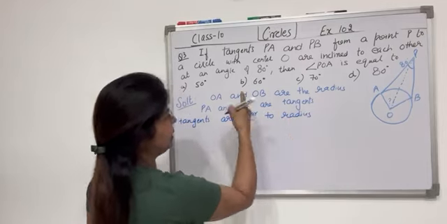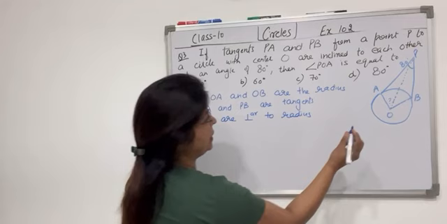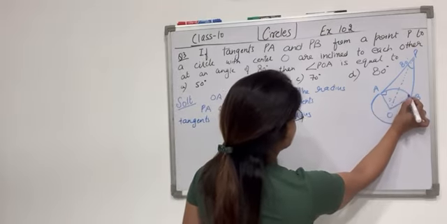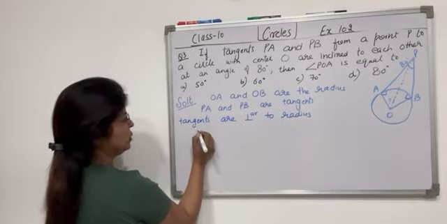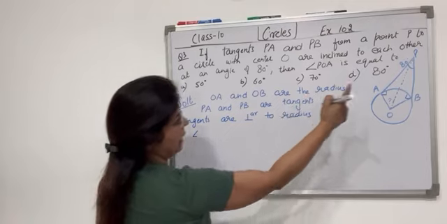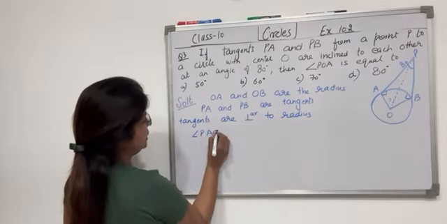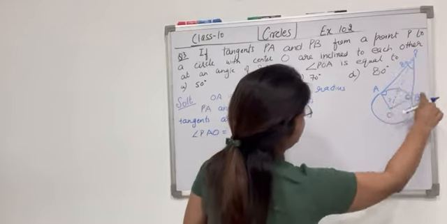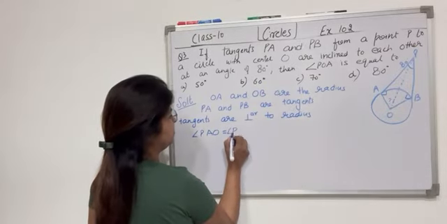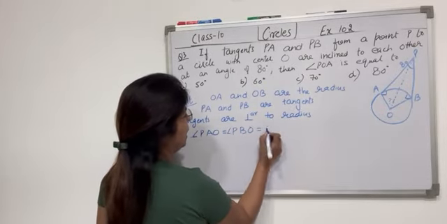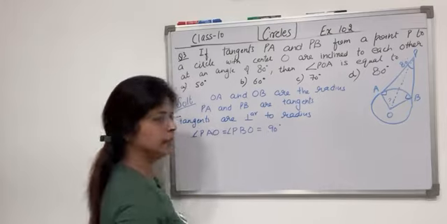So we have the radius OA and OB. So it means this angle and this angle are 90 degrees. Which two angles? I am writing it: angle PAO and angle PBO, and they both are 90 degrees.